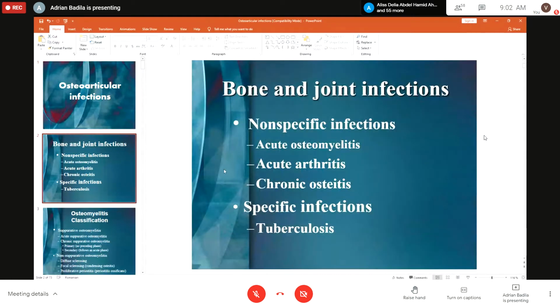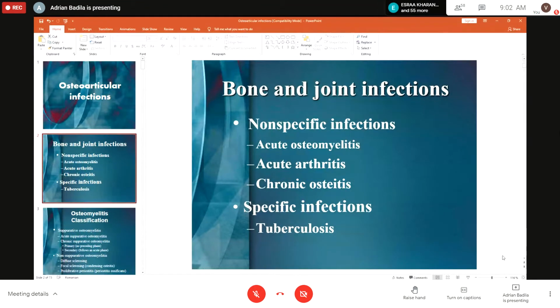And the bone and joint infections are non-specific infections. That means that these are infections produced by standard, normal pyogenic germs, bacteria like Staphylococcus, Streptococcus, Pseudomonas, Klebsiella, etc. And this kind of germs will produce acute osteomyelitis, acute arthritis, or chronic osteomyelitis and osteitis.